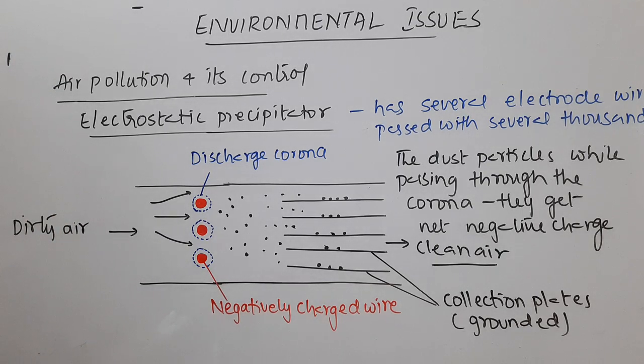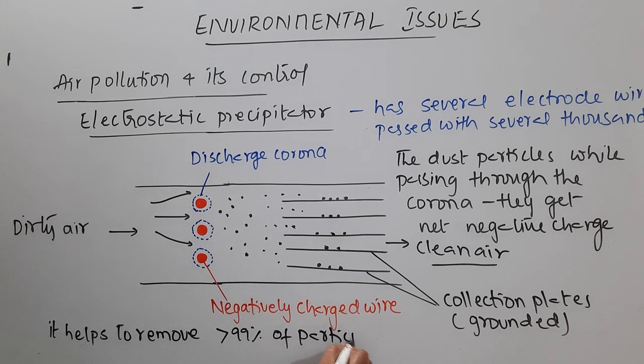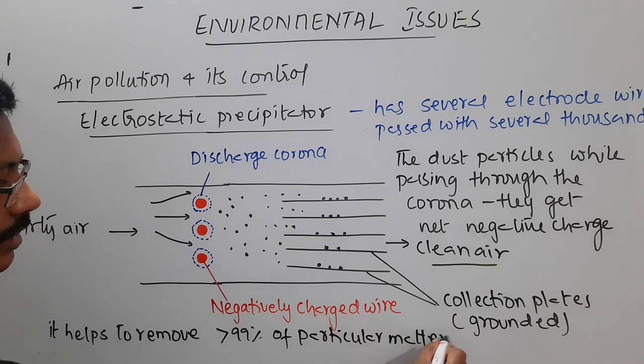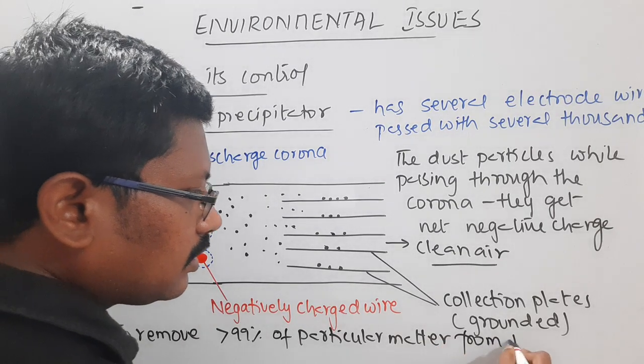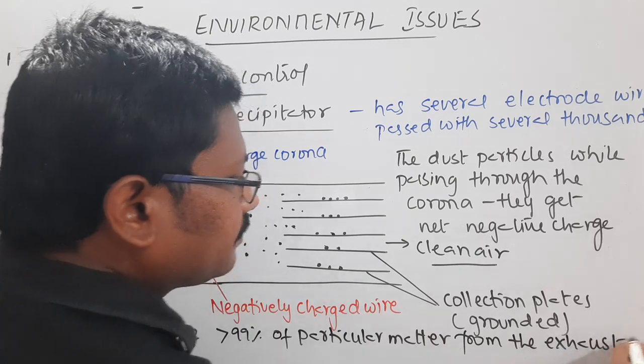So you can use this electrostatic precipitator in thermal power plants, and it helps to remove more than 99% of particulate matter from the exhaust.